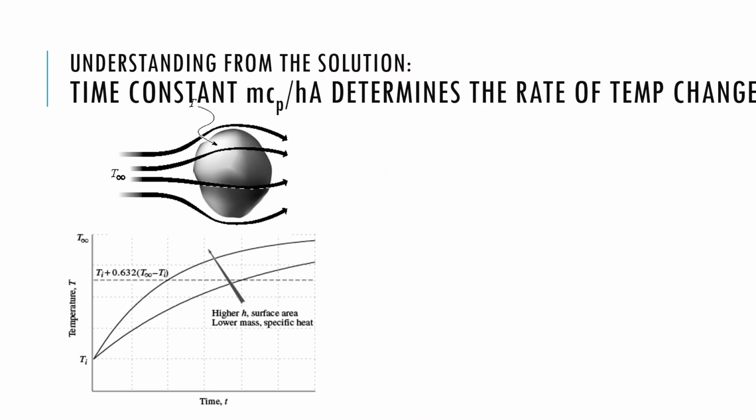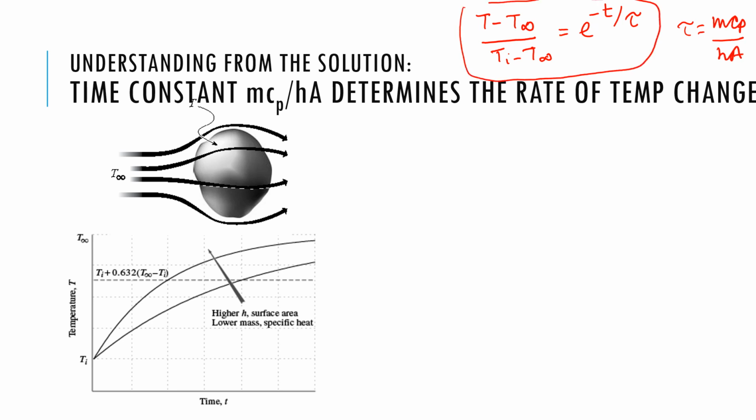So now we try to understand the solution. The solution, T minus T infinity over Ti minus T infinity, is equal to e raised to minus t over tau, where tau is mcp over hA. If we plot this one, which is always useful, temperature T plotted over time, it starts from Ti and approaches T infinity.